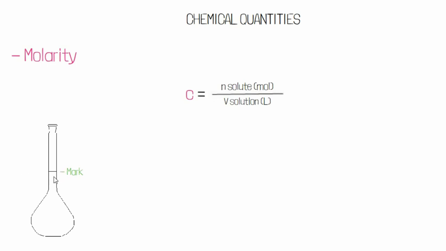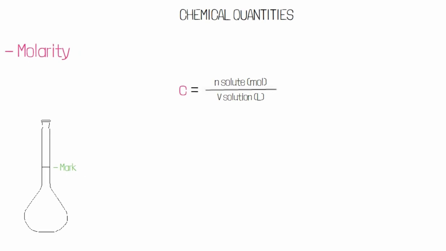This flask has a line on the top, which indicates the volume you reach. For example, if this is a 1 liter volumetric flask, this line will indicate that you reach 1 liter. If it's 500 milliliters, this line will indicate that you reach 500 milliliters, okay? These volumetric flasks are used because they are very accurate with volume.